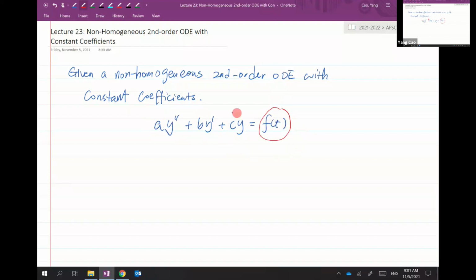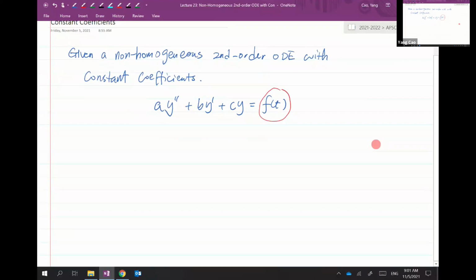Okay, if I have a non-homogeneous equation in this format, what is the proper approach to get the solution? I'm going to define a so-called operator.